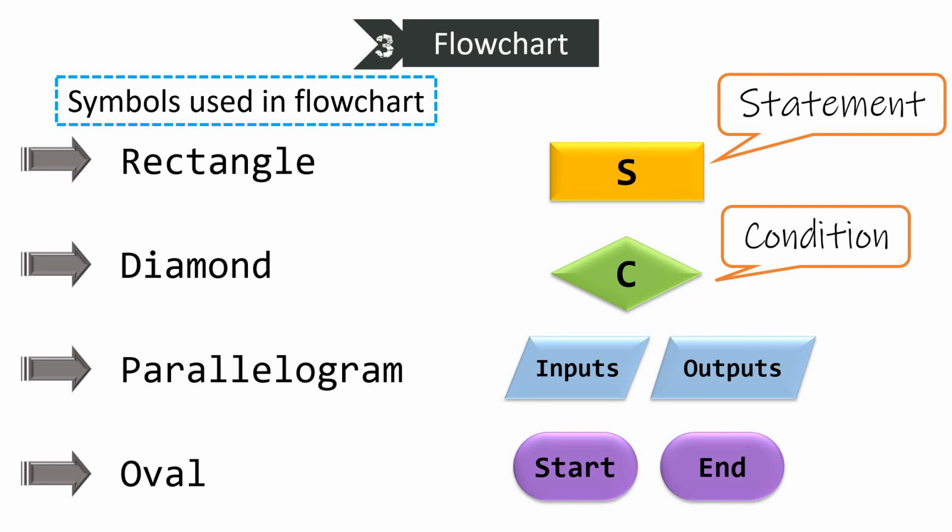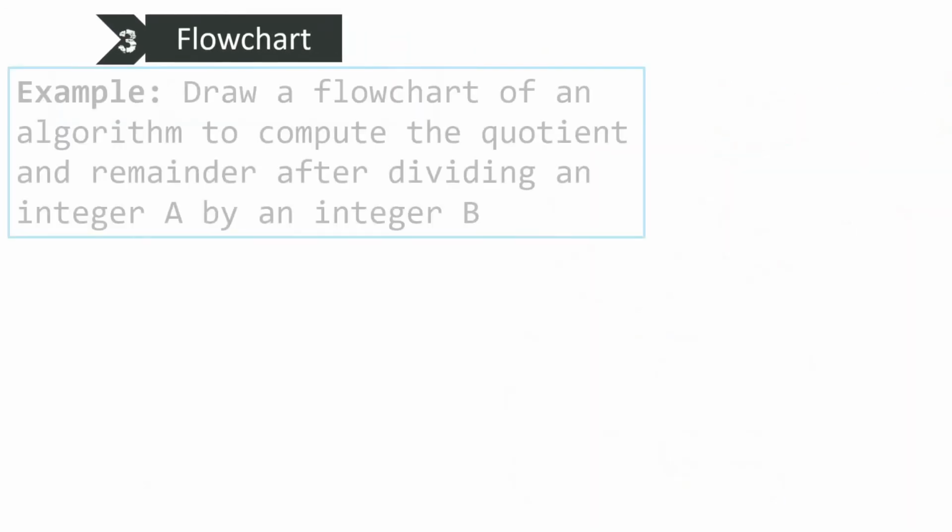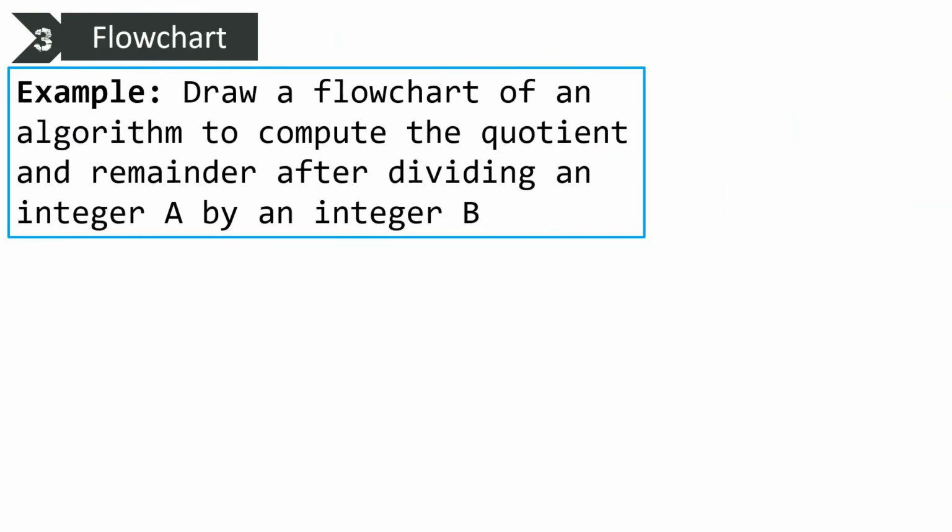I will show you how to draw a flowchart for the following example. Draw a flowchart of an algorithm to compute the quotient and remainder after dividing an integer a by an integer b. Start the flowchart by using the oval shape to represent start.